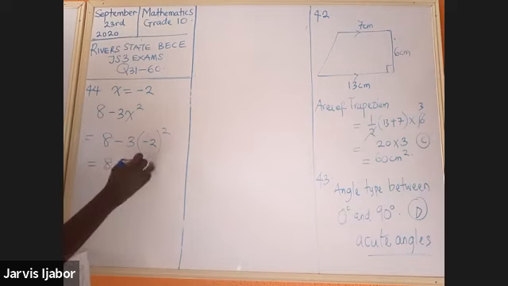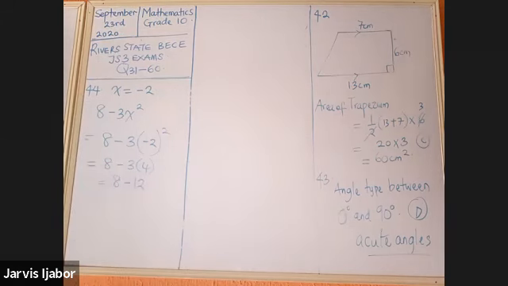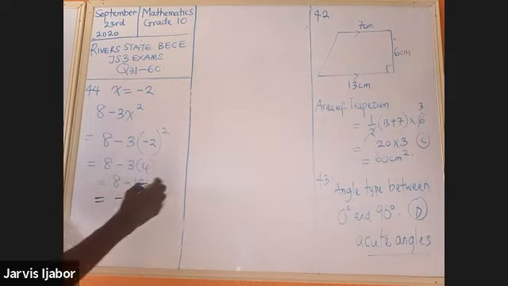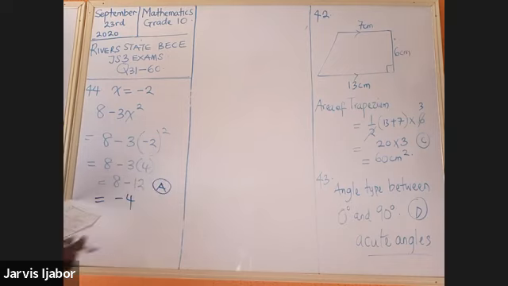So that will give me 8 minus 3 times 4, which will be 8 minus what? 12. And what is 8 minus 12? We know that the smaller number is bigger. So what we are going to have will be what? -4. And that -4 will mean A is the correct option.